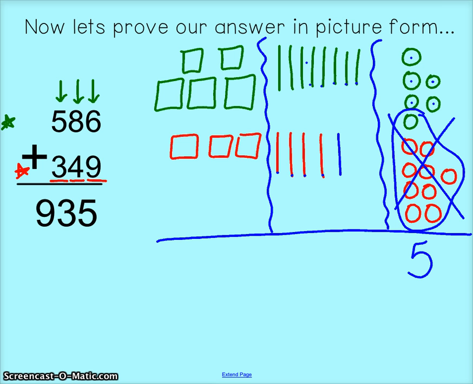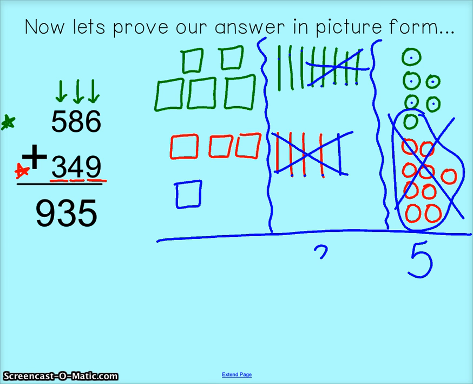So I'm going to cross these out and add 100 to my hundreds category because now I know that I have 1 extra 100. So now my leftover tens, I now know I have 1, 2, 3 tens in my tens category.